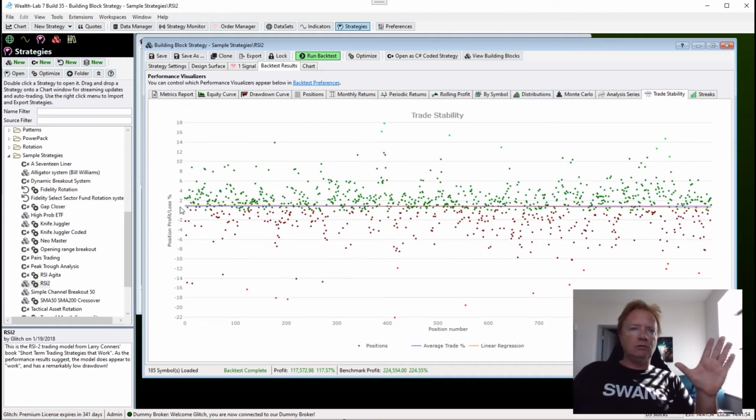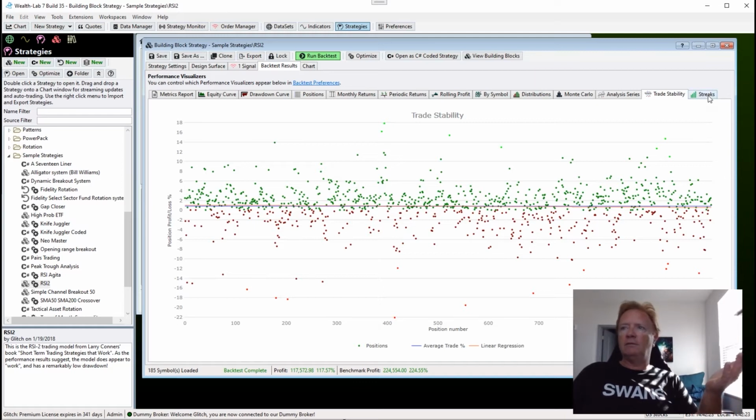This gives you a general overview of the trade profit percent, and it's simply laid out position by position. Starting with the first position all the way down to the last, and we have a line showing you the average trade profit percent and a linear regression. This will give you an idea of how stable your trades are.